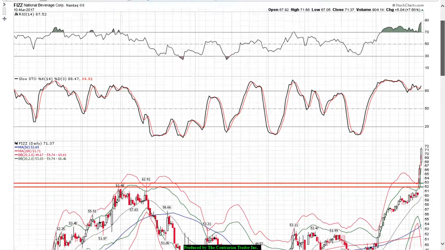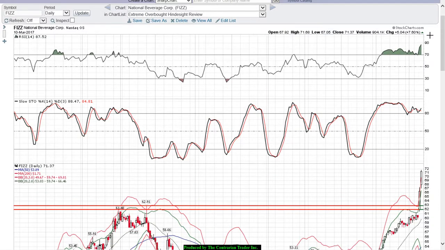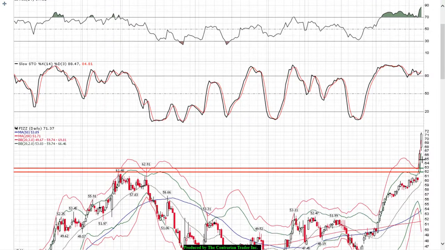But when you add to the equation the fact that you have RSI at 87.52, that is an interesting setup. But the price action, along with volume action, is very, very critical. We are not seeing signs of sellers yet moving in to take profits.